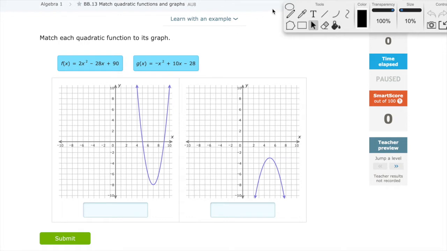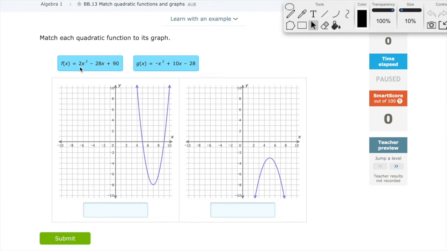Alright, let's go ahead and get into this one. With our two options here at the start, a couple different things I would have us pay attention to. Number one, whatever this leading coefficient is, so in this case it's the 2, and for this one it would be a -1 if you don't see the coefficient out front. What that does is it shows you the shape of the graph.